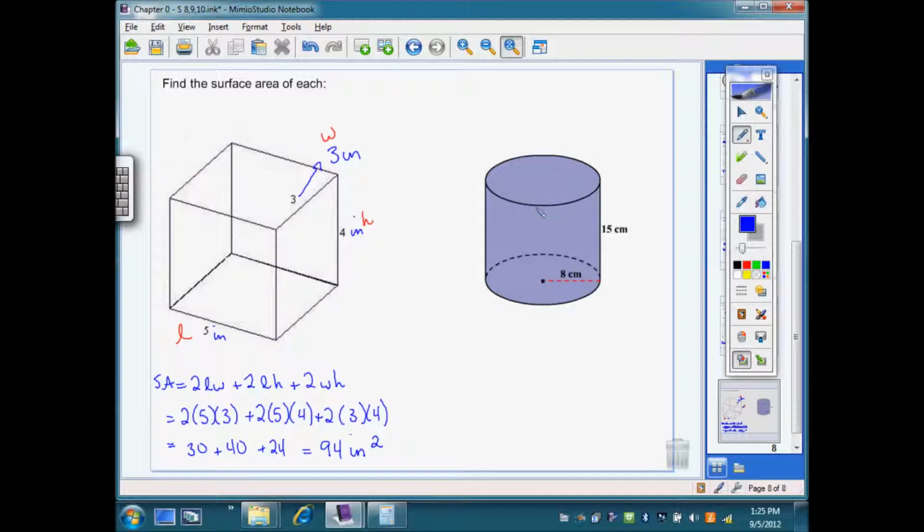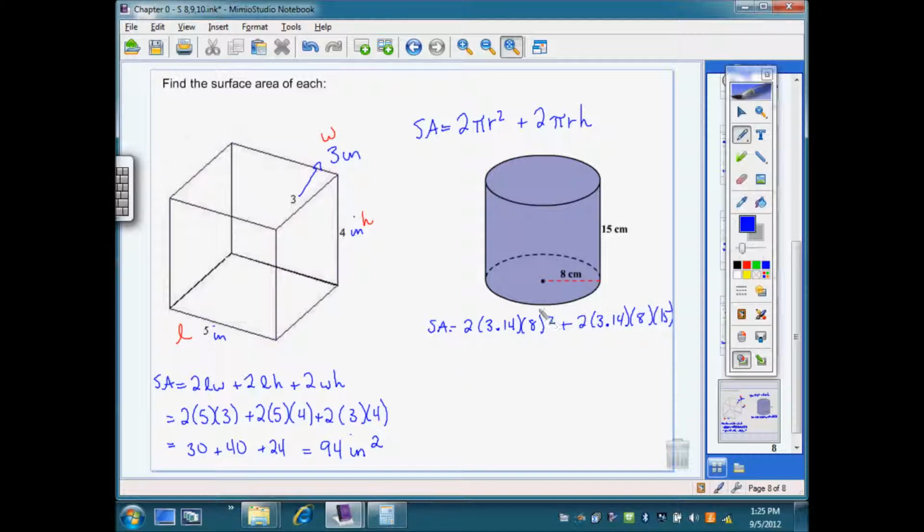Okay, for the surface area of the cylinder, I have 2 pi r squared plus 2 pi r h. Okay, my radius is 8. And my height is 15.